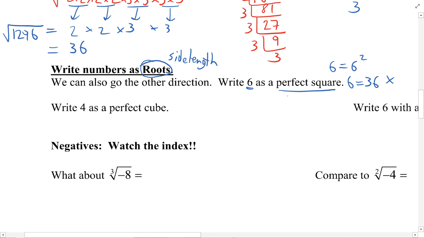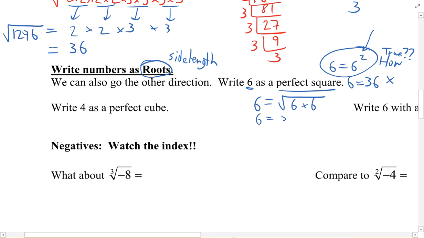So how would we make this true? Well, simply canceling out the square. So we can write it as a perfect square if we square root. So we can go square root of 6 times 6, or we can say 6 equals square root of 36 there. But probably for us, we're just going to leave it in the very first, 6 times 6.